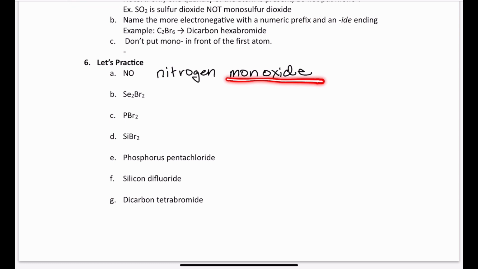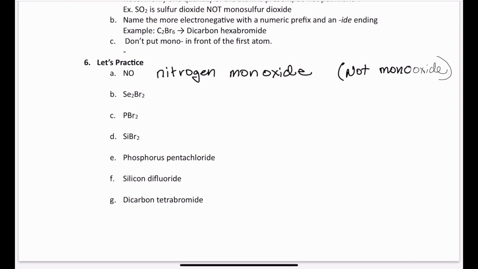We put the word together, and we do it as monoxide. That's like a finer point. So it's not monooxide, but monoxide.